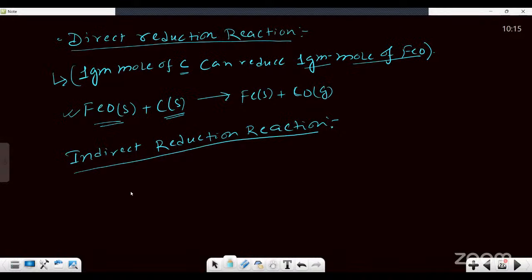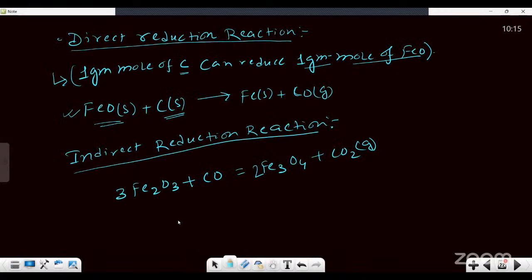I take an example like 3 times Fe2O3. It comes in contact with CO and we get Fe3O4, which means 2 times Fe3O4 plus CO gas. Now here, if you see, what is happening?